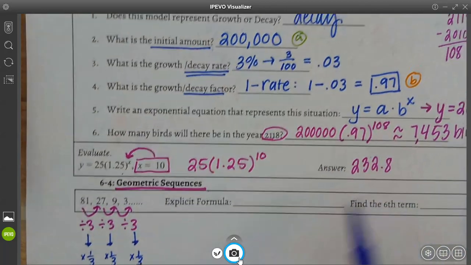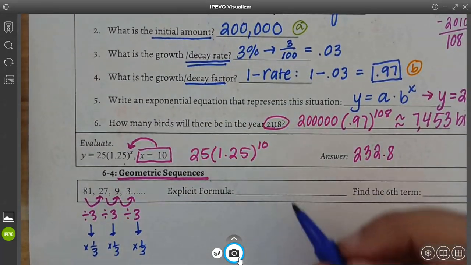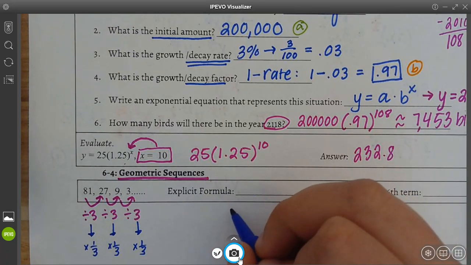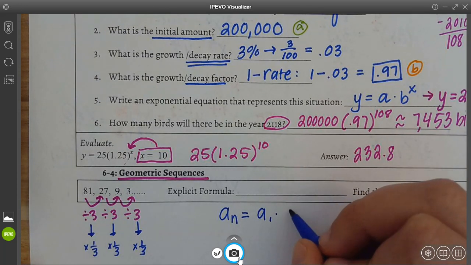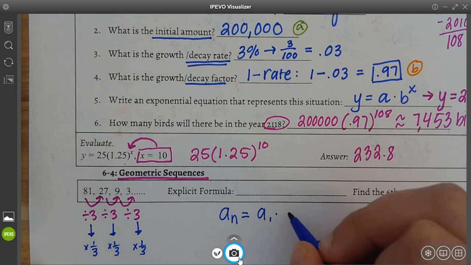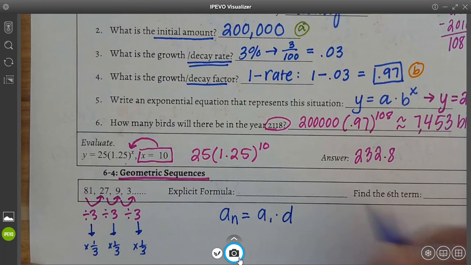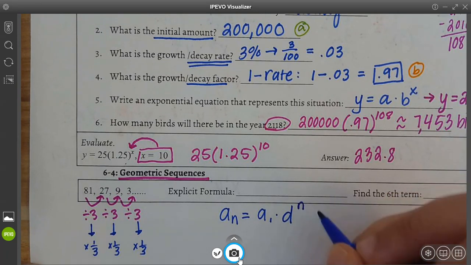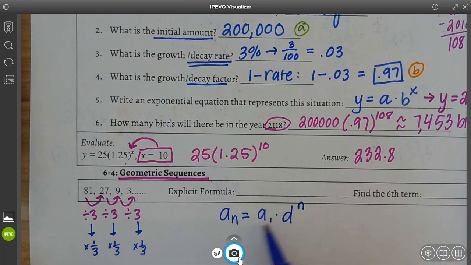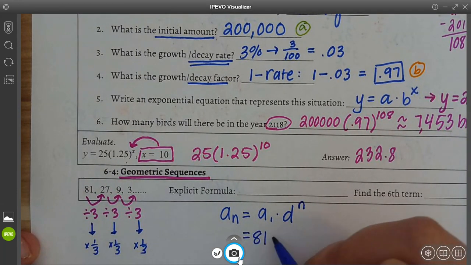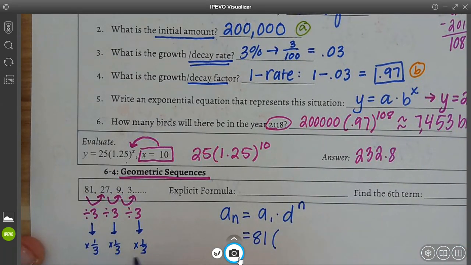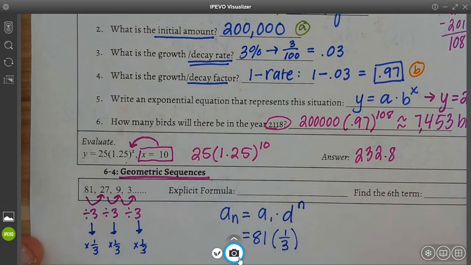And remember, when we write our explicit formula in a geometric sequence, we're going to say a_n equals a_1 times d to the nth term. a_1 represents our first term in our equation, so that's going to be 81. d is our rate of increase or decrease, which is 1/3 raised to the nth power.